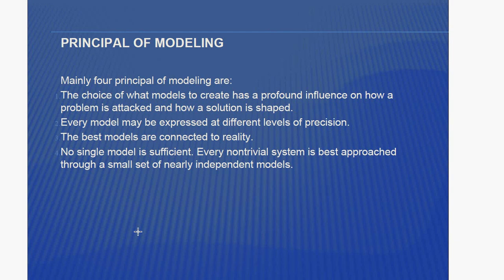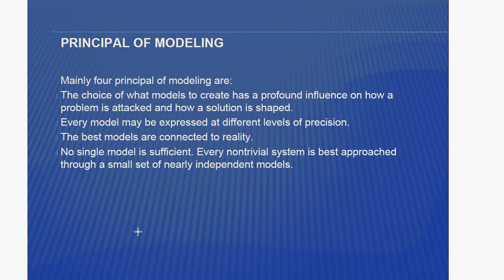The second principle that we are going to discuss is that every model may be expressed at different level of precision. When we say this, it says every designer has a different aspect to design the diagram, and every designer may tackle different level of precisions from their end.